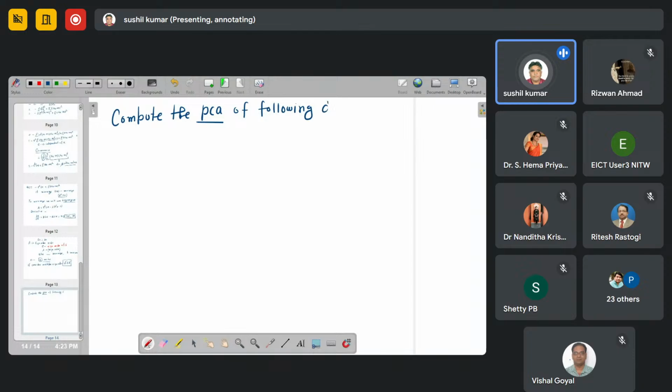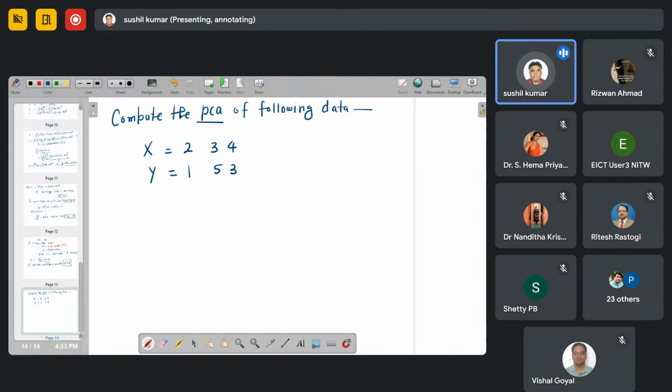The data is x equal to 2, 3, 4 and y equal to 1, 5, 3.